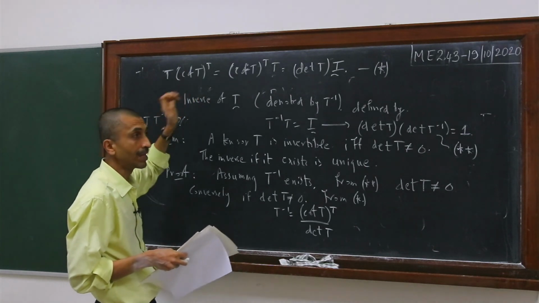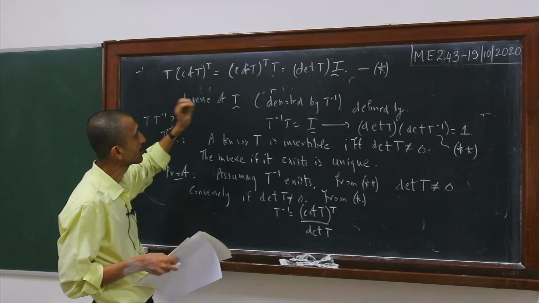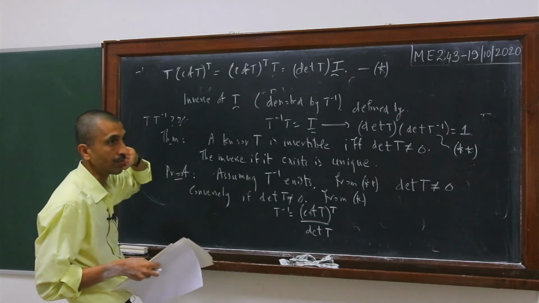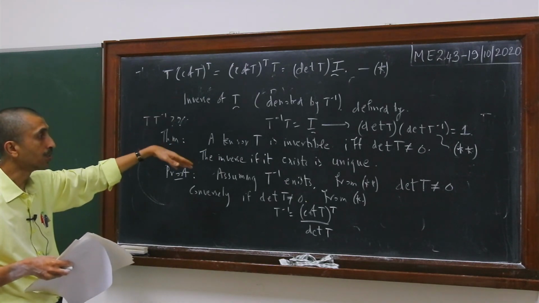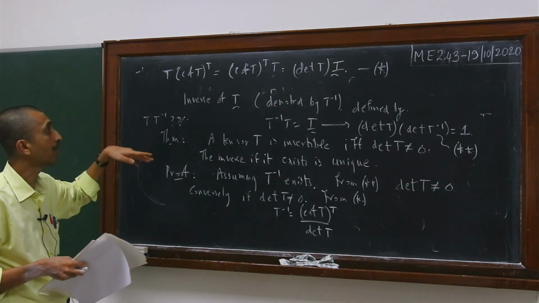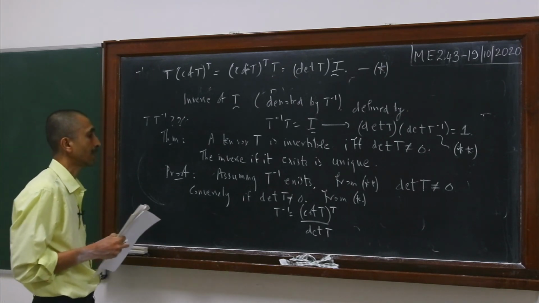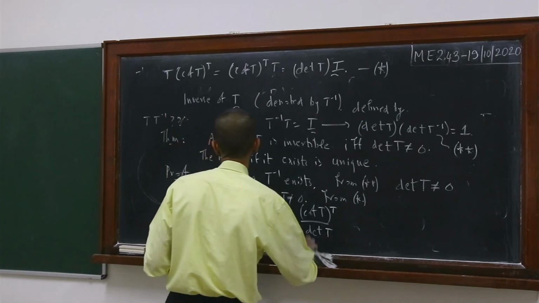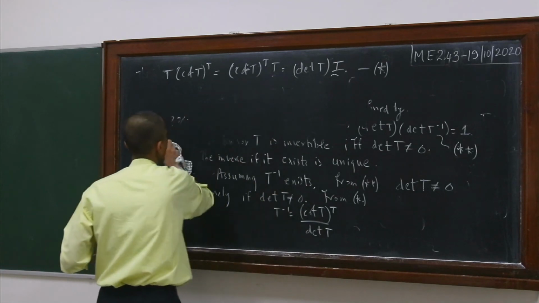But the point here is that you are constructing T inverse using the cofactor of T. It is possible that there may be some other, totally different way of constructing T inverse, and then you may not have uniqueness. So you have to be very careful about showing the uniqueness here. Let us see how to show this.